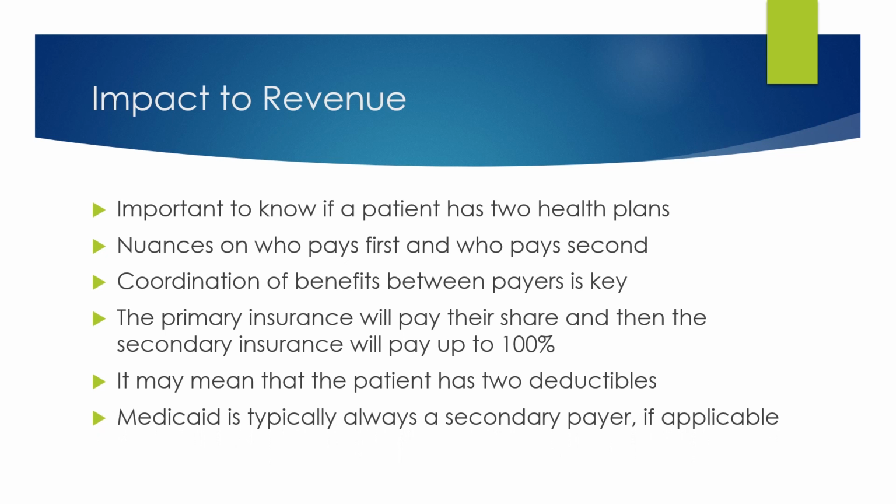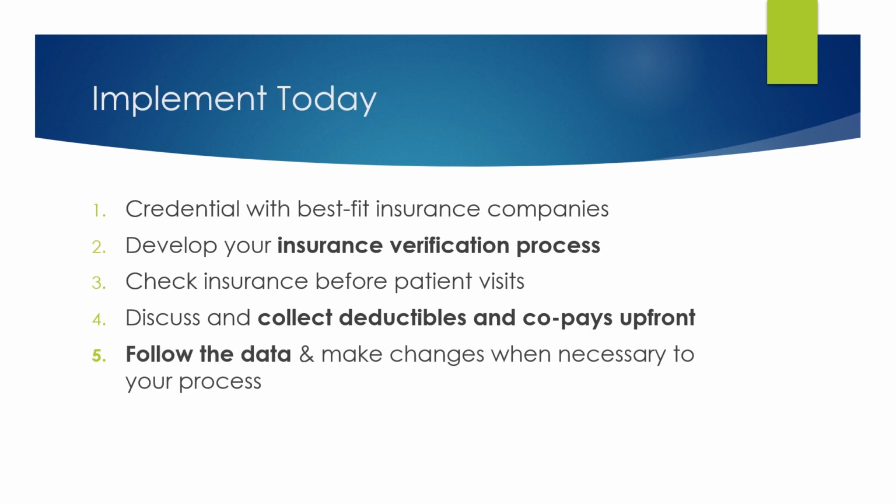So for example, say Medicare is the primary payer for a patient who is over the age of 65 who's also insured by their employer, but the employer company is very small, typically less than 20 employees. So that would mean Medicare would be the primary and that private insurance from the employer would be the secondary. Now, typically Medicaid is always considered a secondary payer. Let's go to the last slide.